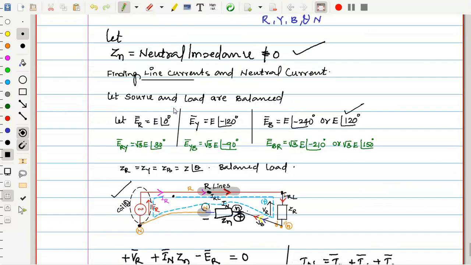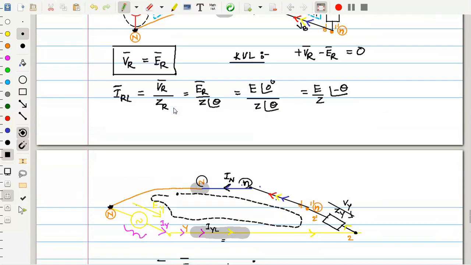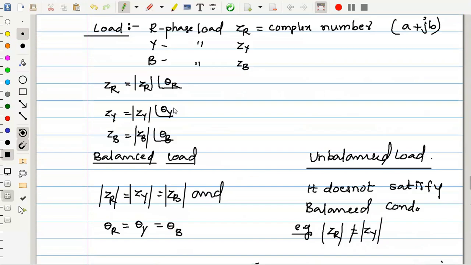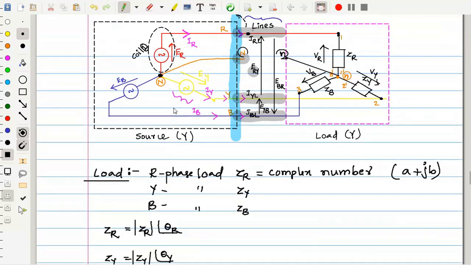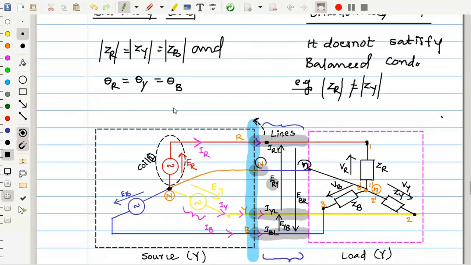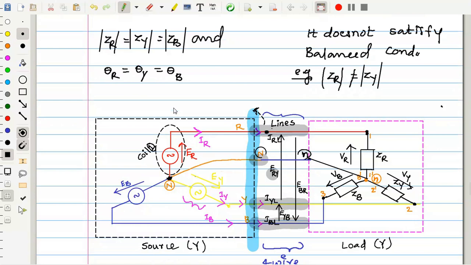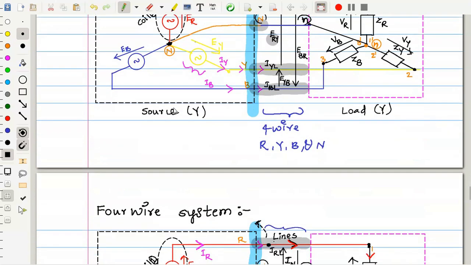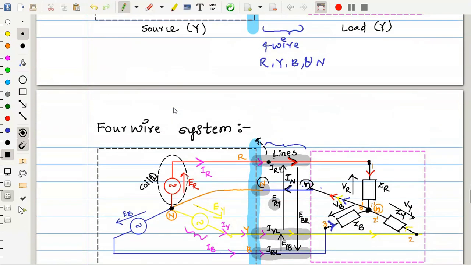Today we discussed the balanced load concept. A balanced load is nothing but impedance magnitudes must be equal and angles also must be equal in each phase of the load. Then we looked at different configurations of this three phase system, and how the connections will be.